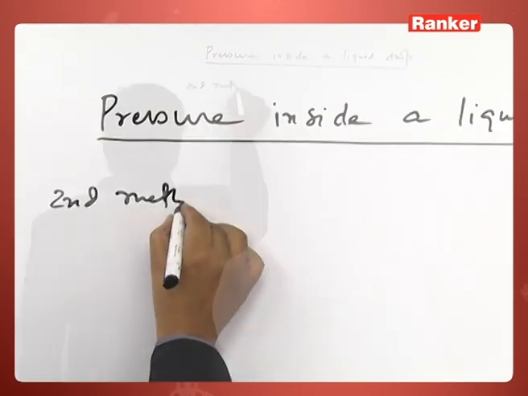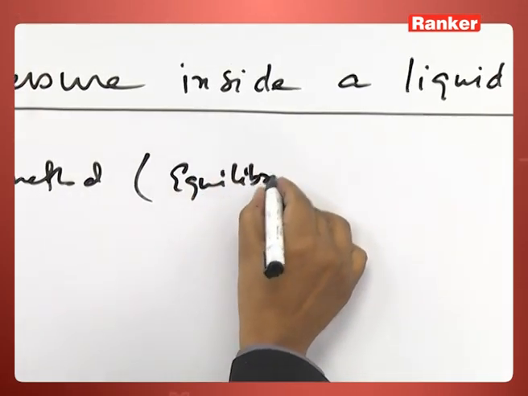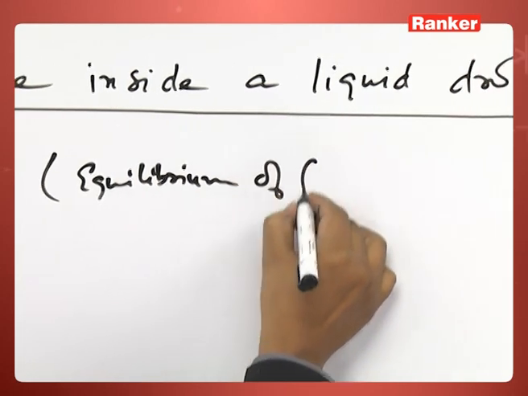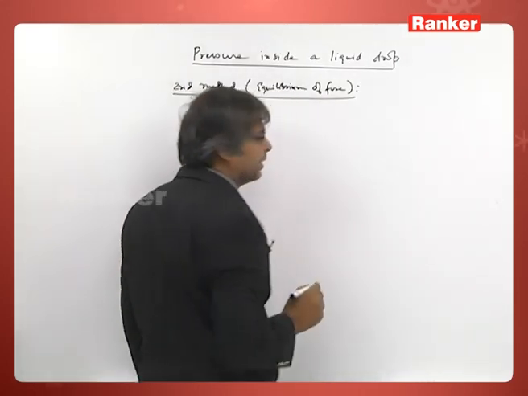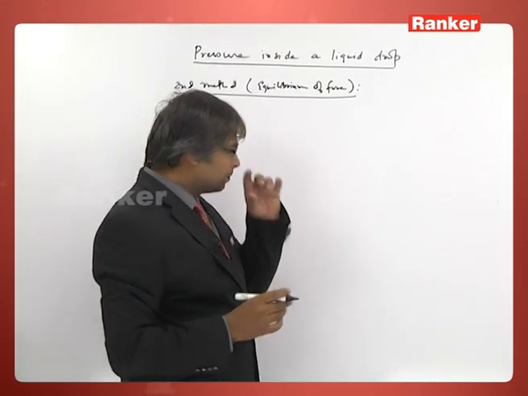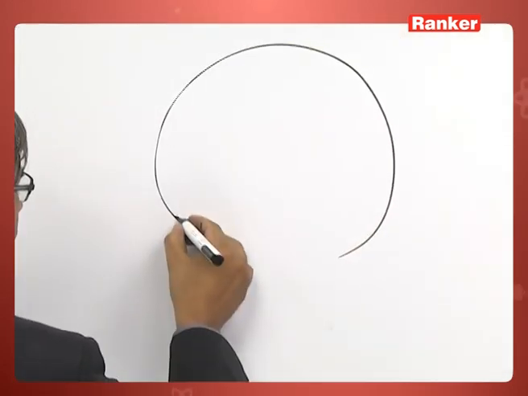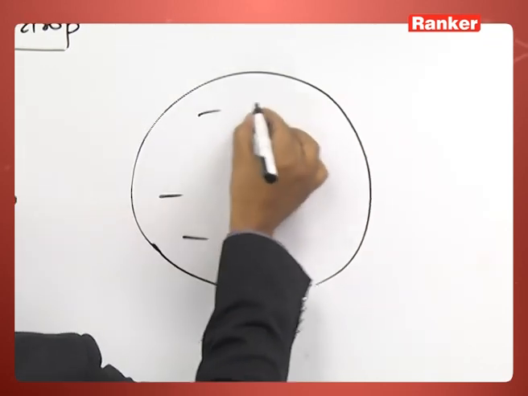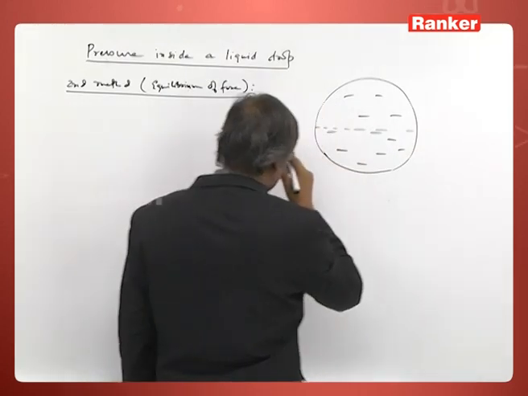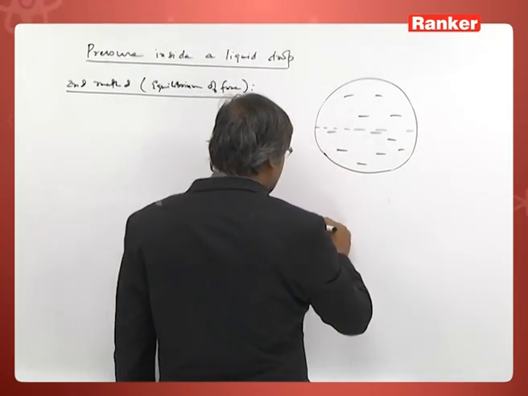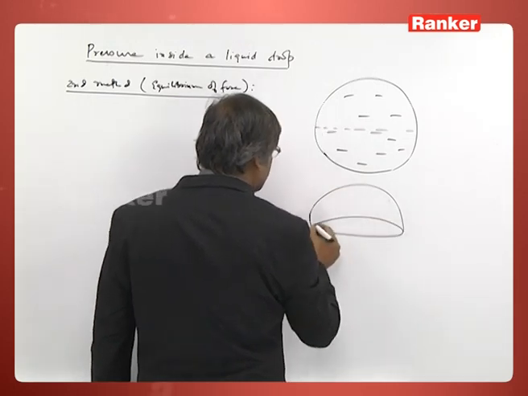Now, the second method is the equilibrium of force method. So, what do we do? This is my liquid drop, and I mentally divide the drop into 2 pieces, and now you analyze only one piece, the semi drop.